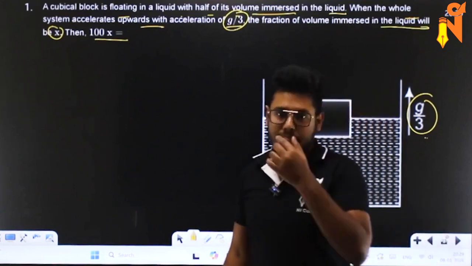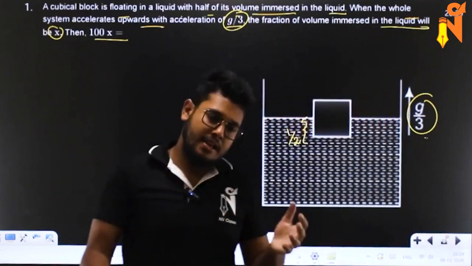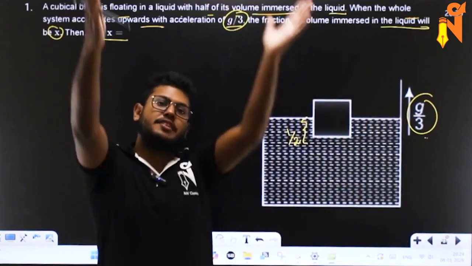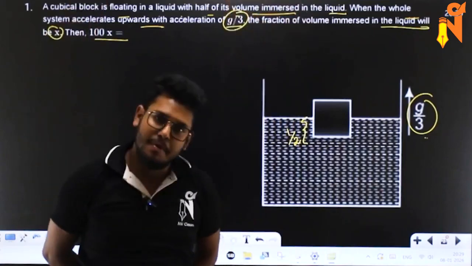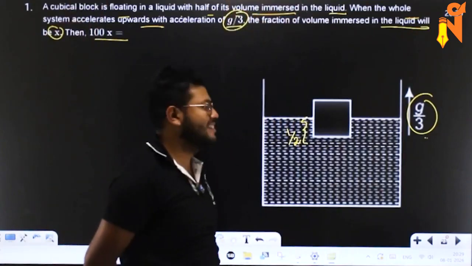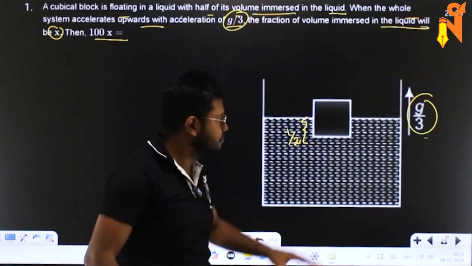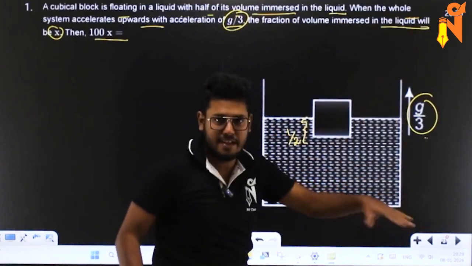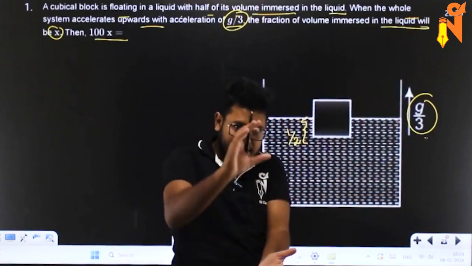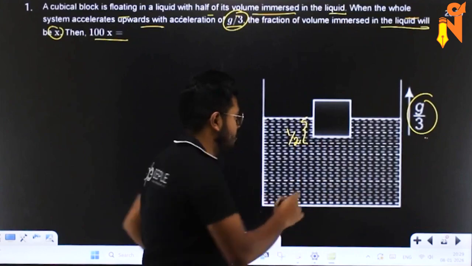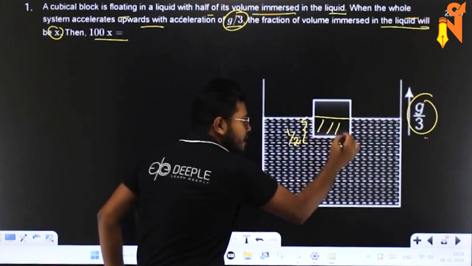Think of a much simpler case. What is the simpler case? For a uniform time, it is moving with the same acceleration of g by 3 upwards. Now in that scenario, what will happen? Forget about this acceleration for the time's sake. The vessel is just there and the cube is just floating. At that moment, do you all agree with me?